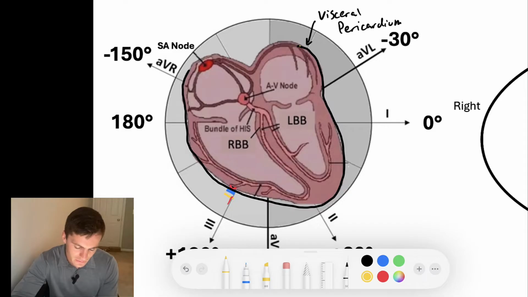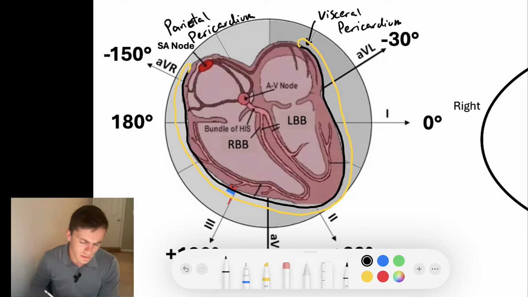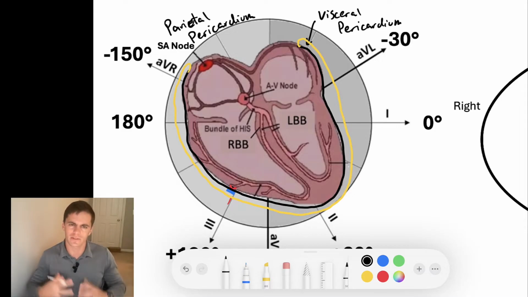And then continuous to that, but it kind of folds and comes back around, is what we would call the parietal pericardium, right? This is the parietal pericardium. Sometimes it will be known as the fibrous pericardium, right? It kind of anchors the heart. It gives it a nice structure so that it can beat, right?